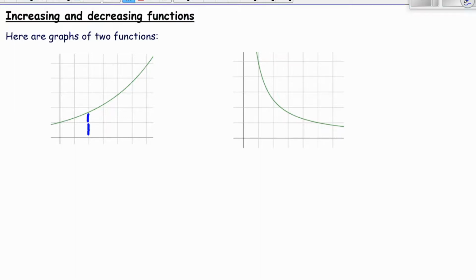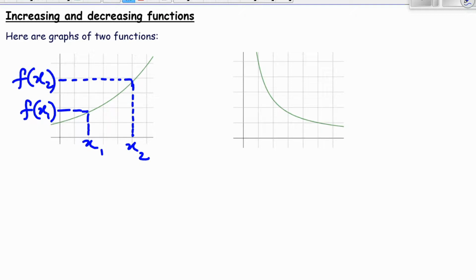Suppose this is x1, which means that the value of y at this point will be f(x1), and suppose this is x2, which means the value of y at this point will be f(x2). By the way, this is y, and this is x, and this is the original function.